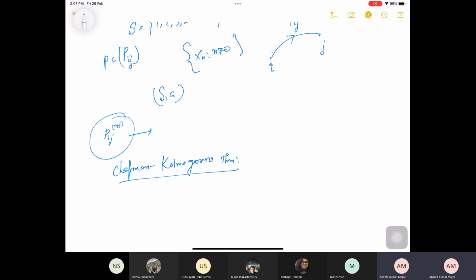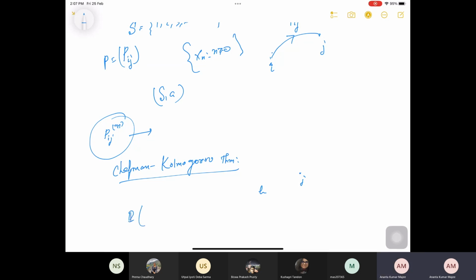Suppose this is my state j, which we have reached at step n, and we start from state h.